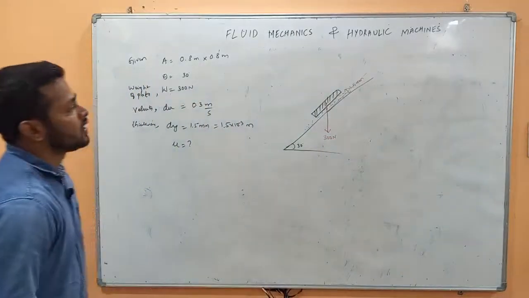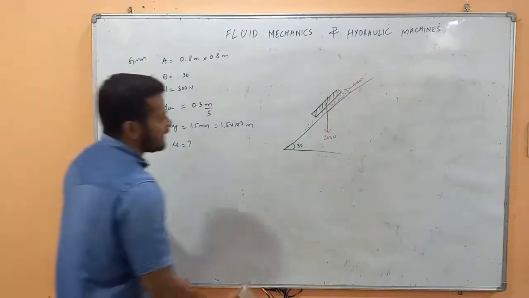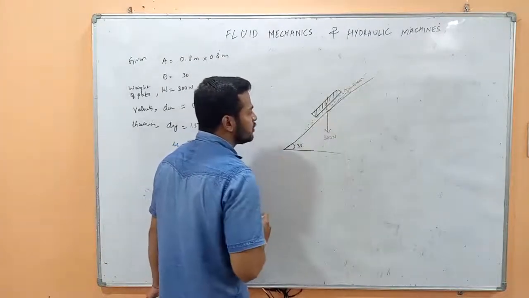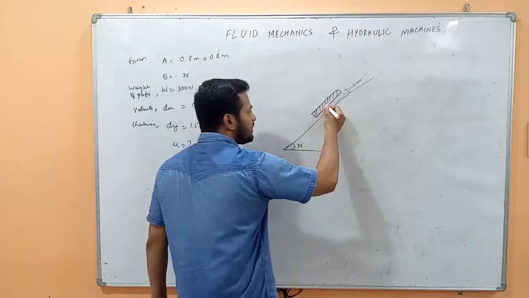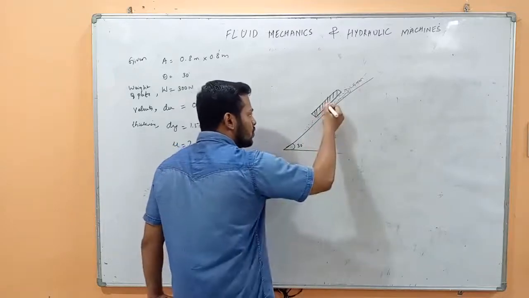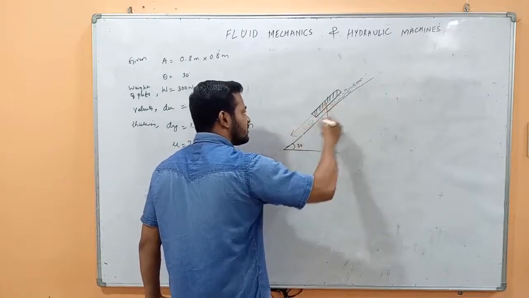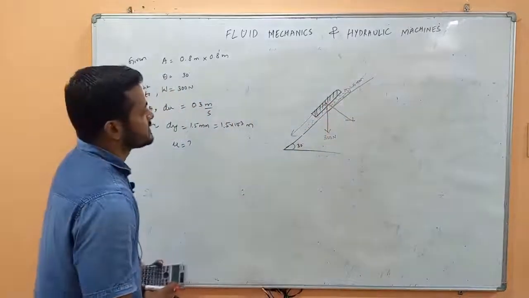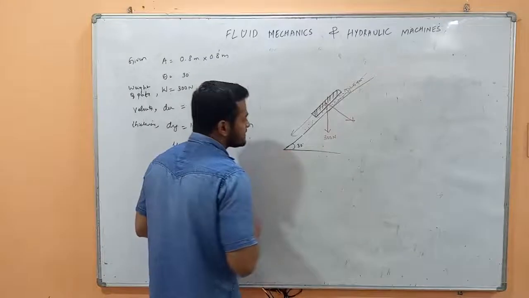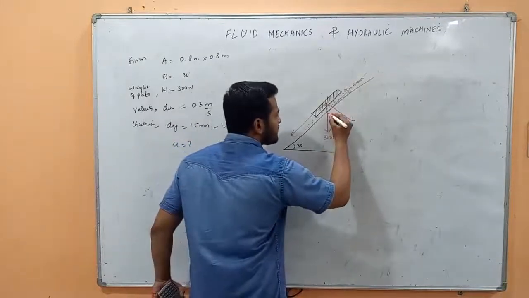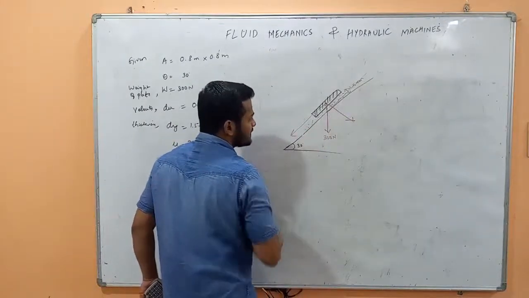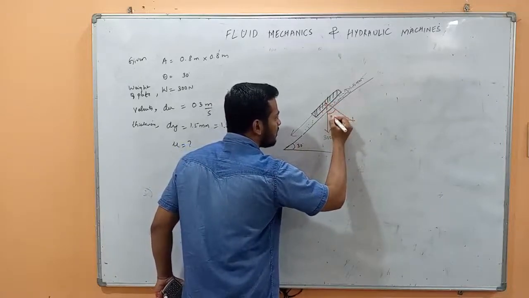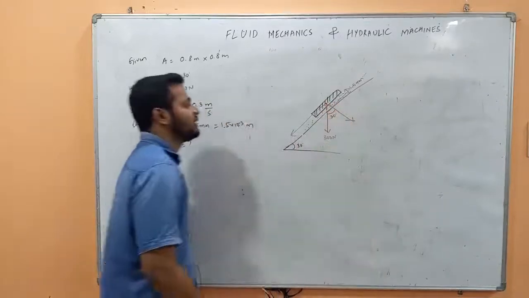Okay. Now since this is a problem on an inclined plane, I have to resolve this 300 Newton into two components. One will be in this direction and one will be in this direction. Since this inclined plane with horizontal is 30 degrees, the perpendicular to inclined with vertical will also be 30 degrees, alternate angles.